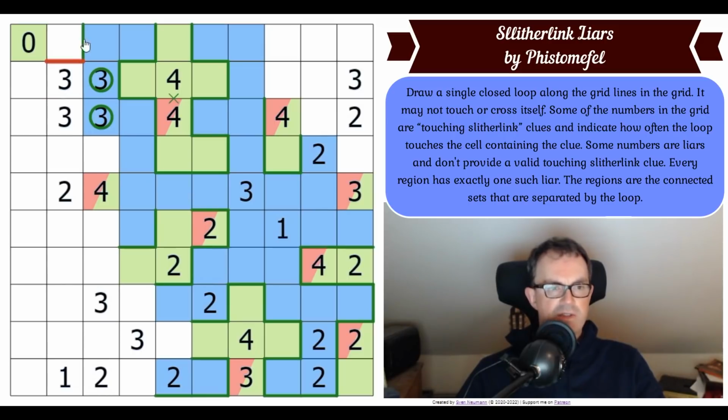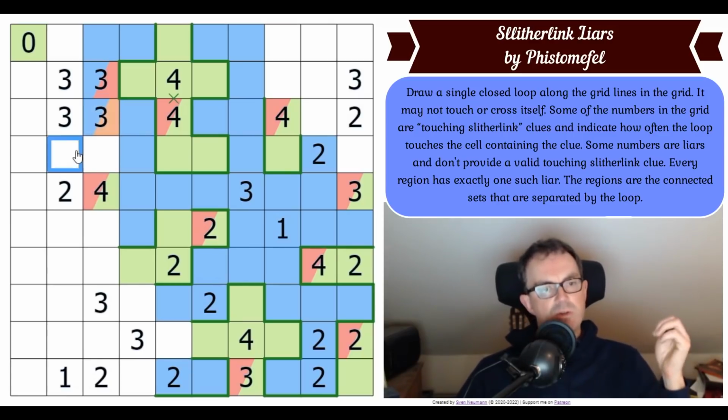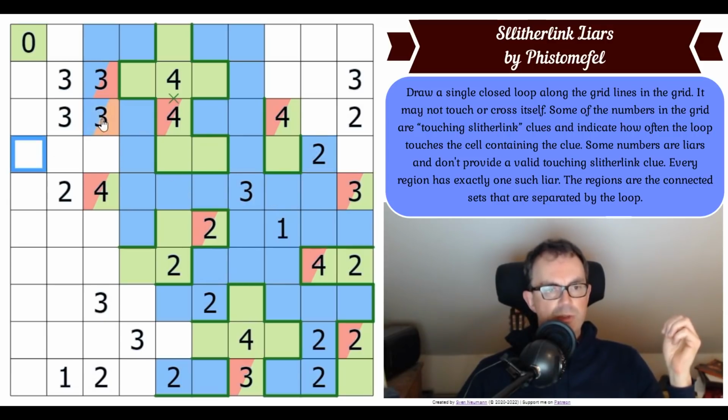So that's telling us that actually this clue here is a lie, which means that this clue is a true blue. And this is the only place where we need to record that diligently. Everywhere else we know a blue clue is true. So this being a true blue clue needs to be correctly counted.